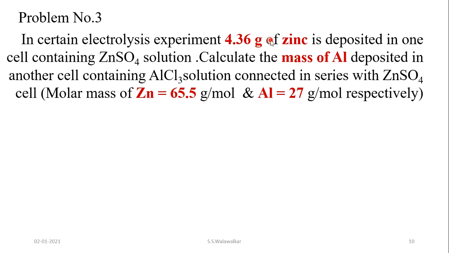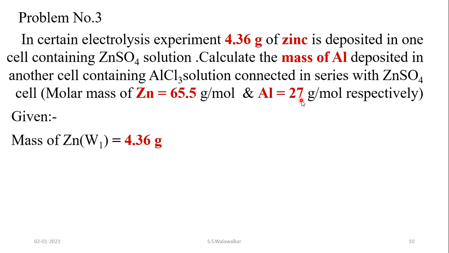Then in one cell, in which zinc sulfate is there, 4.36 gram of zinc is deposited, and from that you have to calculate the mass of aluminium deposited in another cell. And what is given? Molar mass of zinc is given 65.5. Aluminium is also given 27 grams per mole, and you have to calculate the mass of aluminium.